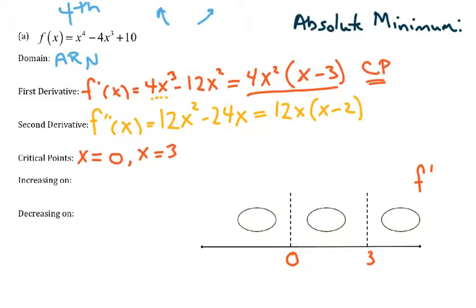In this factored form, I'm going to test negative 1. If you put negative 1 in the first factor, that's positive, because 4x squared is always positive or 0. If I put negative 1 in the second factor, that will be negative. So my derivative is negative in this first interval, which means my original function is decreasing.